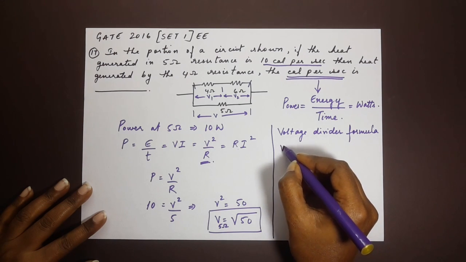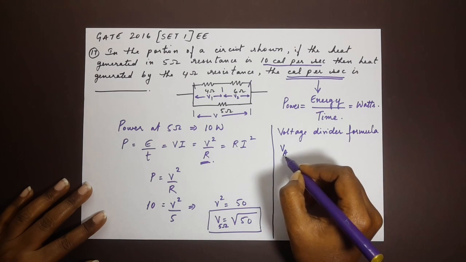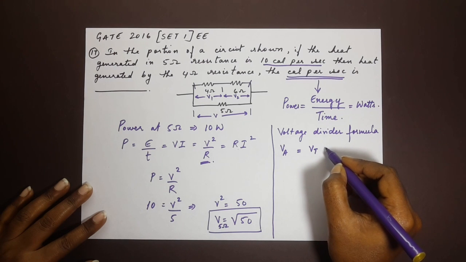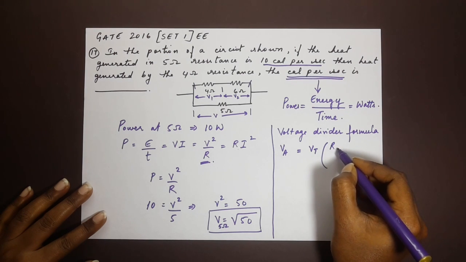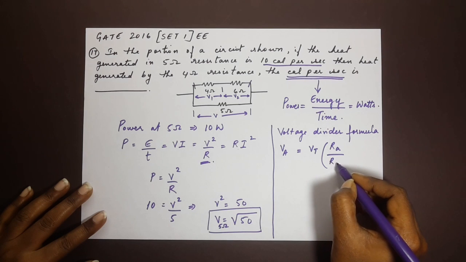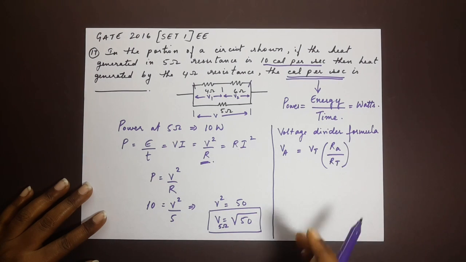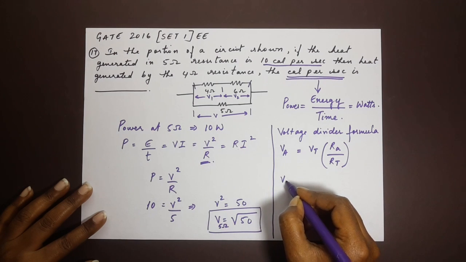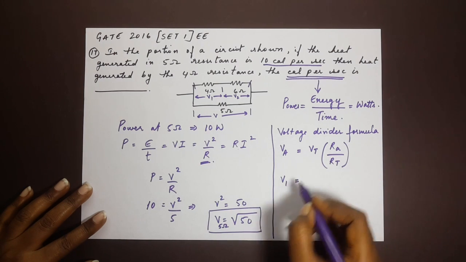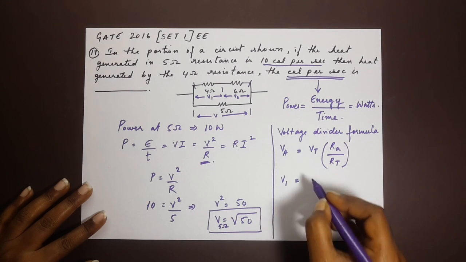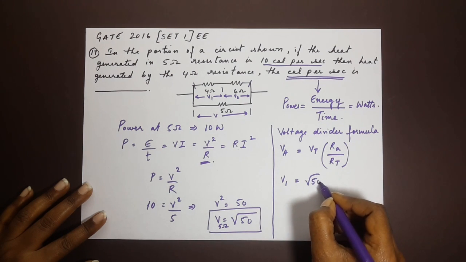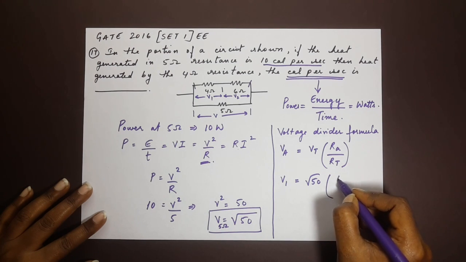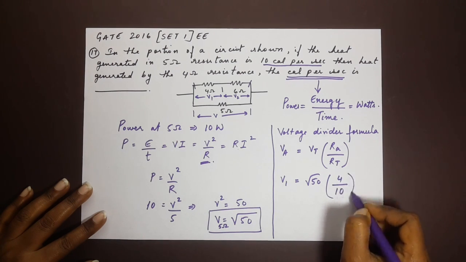Now the voltage divider formula says that the voltage across a certain resistor, let's say A, can be found by multiplying the total voltage by the ratio of R A by R T. Okay, so if I apply this to the circuit here, we can find what V1 is. V T is what we have found here, root 50, times R A is 4 divided by 10.